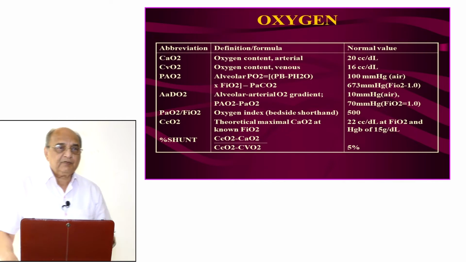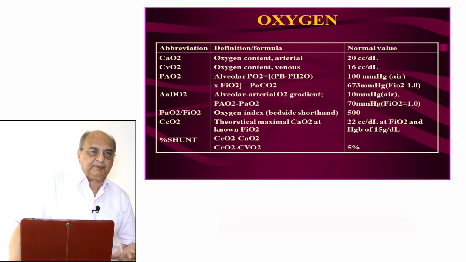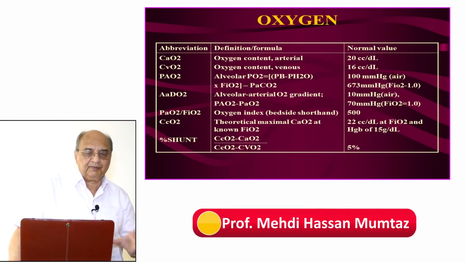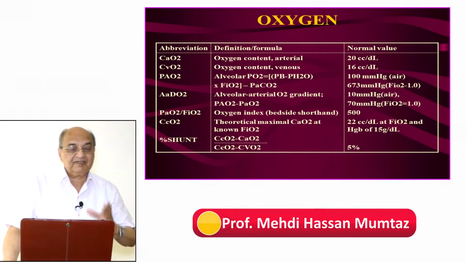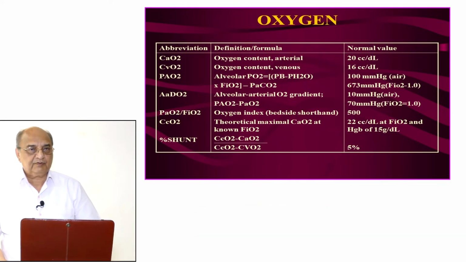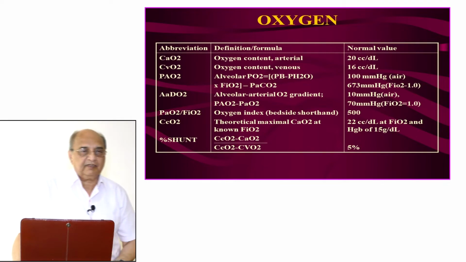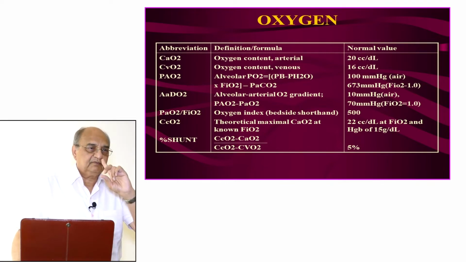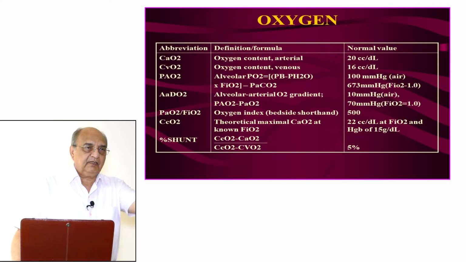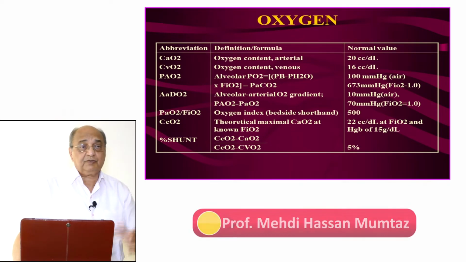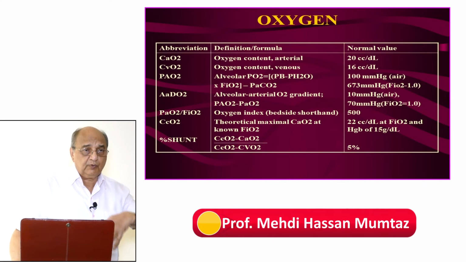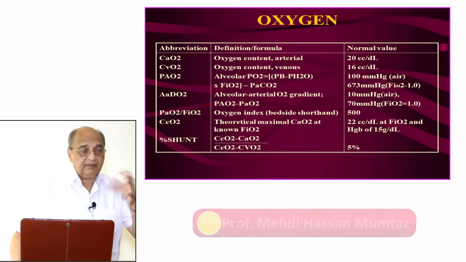Now oxygen is very important. You should know in depth the oxygenation status of a patient. When you talk about oxygenation status, you start from the nose or the mouth where the air is going in. How much is the oxygen in that and what is its pressure? When it reaches the alveoli, what is the pressure of oxygen in the alveoli?